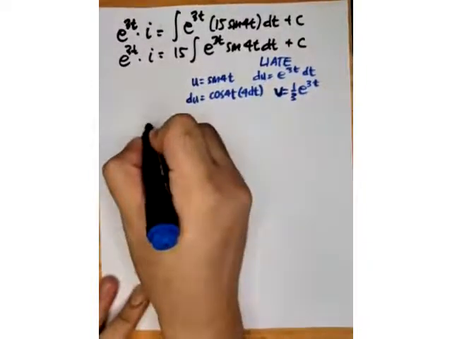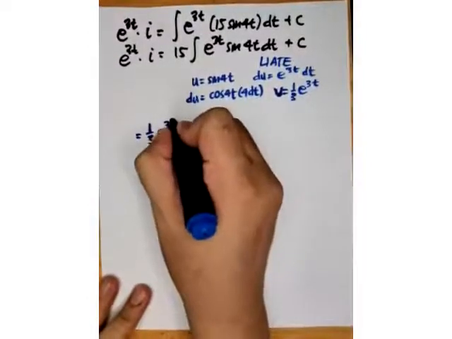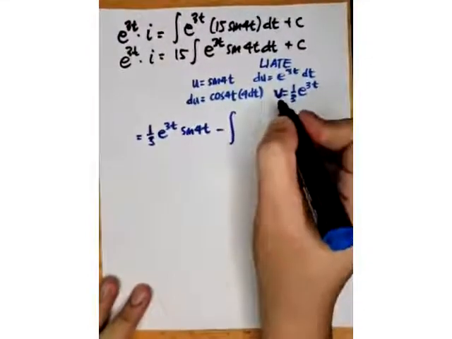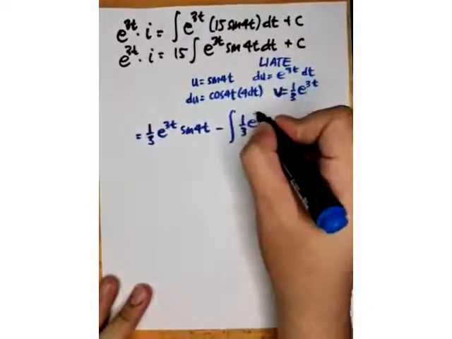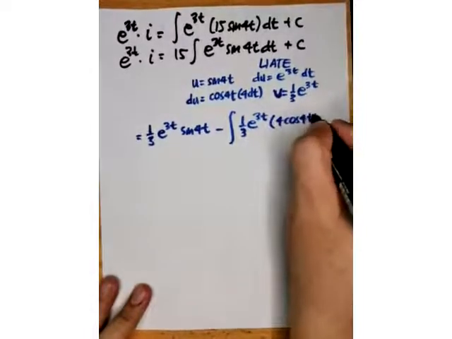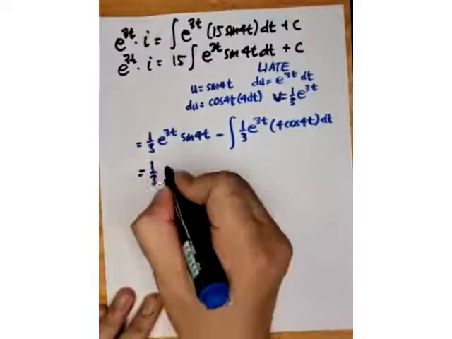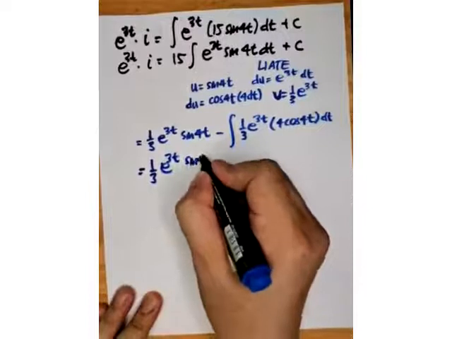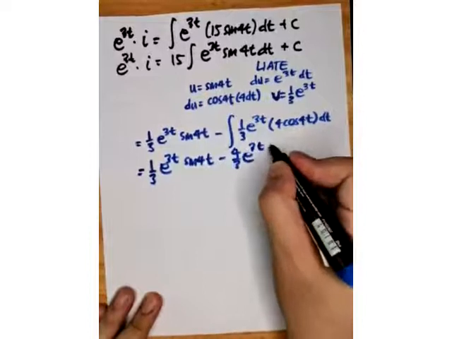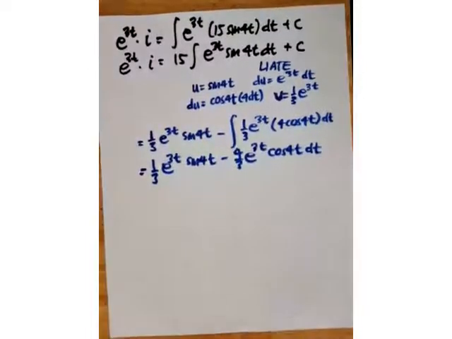So that will be 1/3 e raised to 3t sine 40 minus the integral of v du times 4 cosine 40 dt. Ayan. Okay, simplify muna natin. So that's 1/3 e raised to 3t sine 40 minus 4/3 e raised to 3t cosine 40 dt. Ayan. Okay?